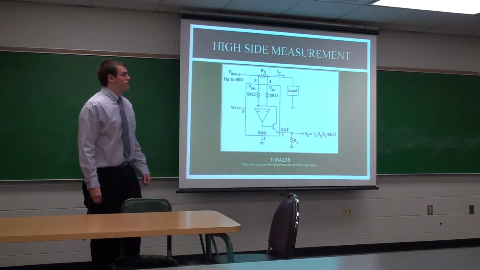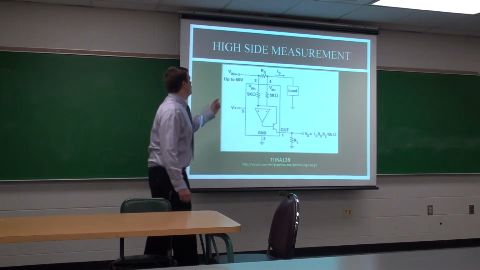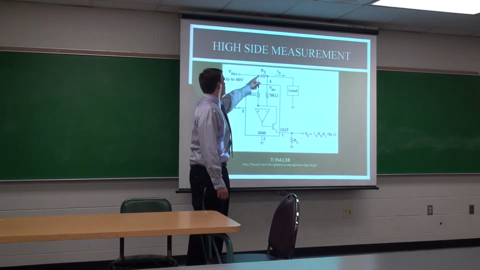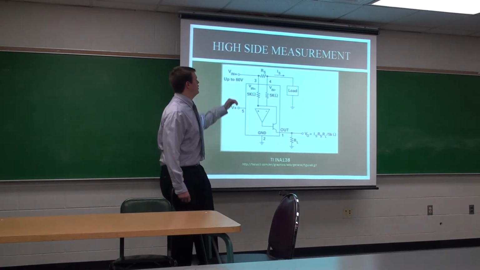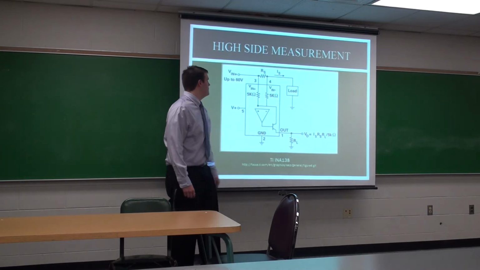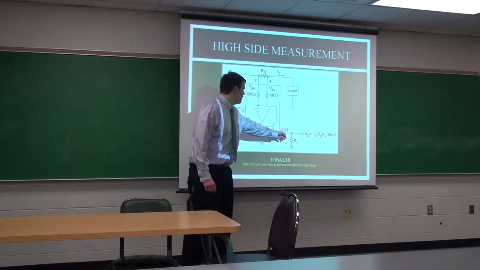So here's a current shunt monitor. This is the TI INA138. As you can see, it takes power from the battery here. It's taking a high side measurement across the sense resistor. The current is going to go through here, and then it's going to measure the voltage drop across that. And based on that, it's going to output this.